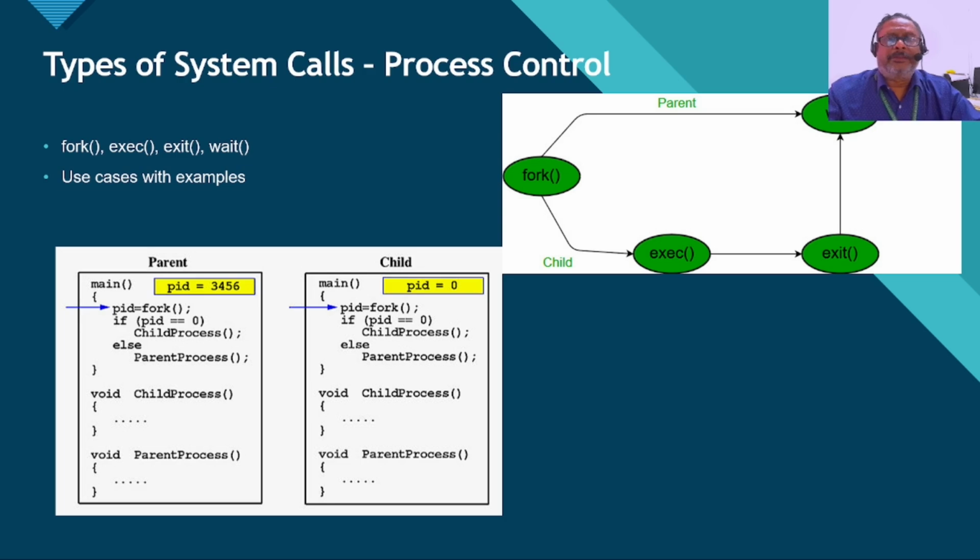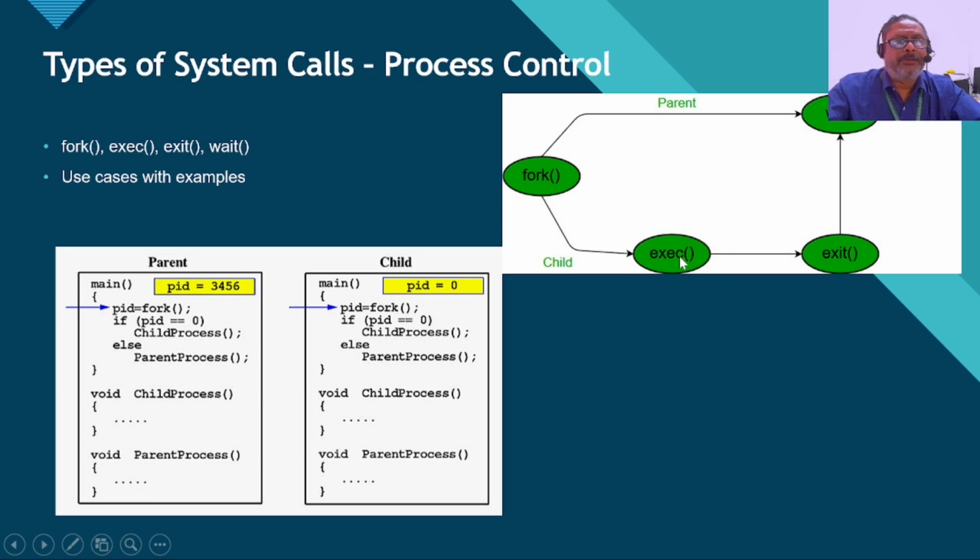So that's the concept of fork, which creates its own copy and makes the new copy, which we call the child, continue serving the process. So that's about the fork.